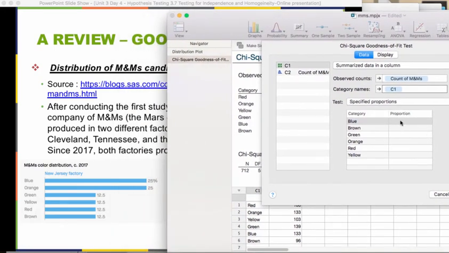So for blue, the stated proportion is 25%, so we're going to change that to decimal form. That's 0.25. Okay, for orange, it's also 0.25. And for brown, it's 12.5%, which is 0.125. Green is the same, 0.125. Red is the same, 0.125. And yellow is the same, which is 0.125.